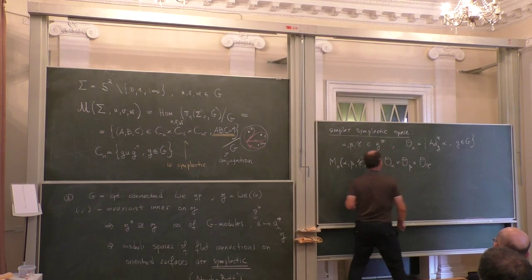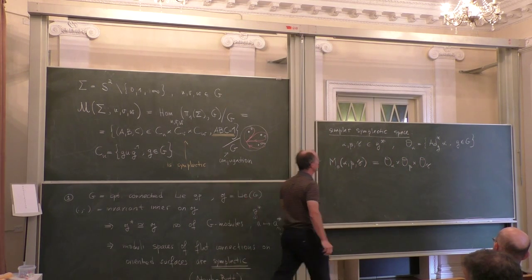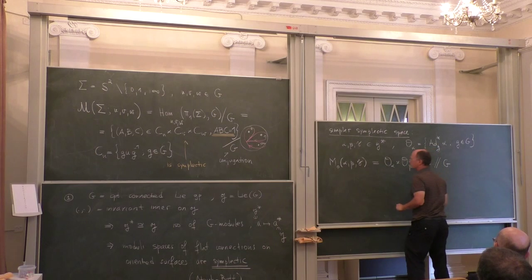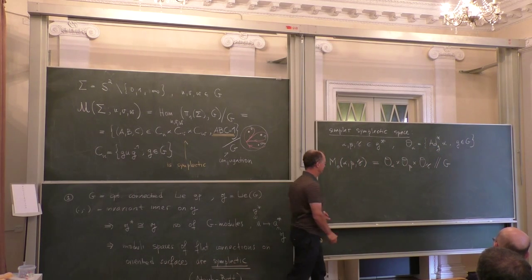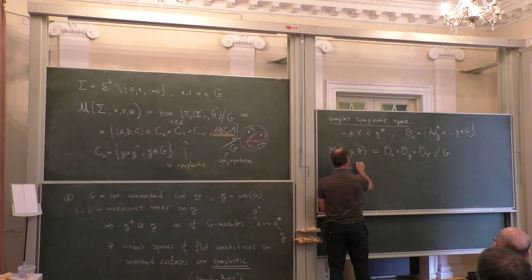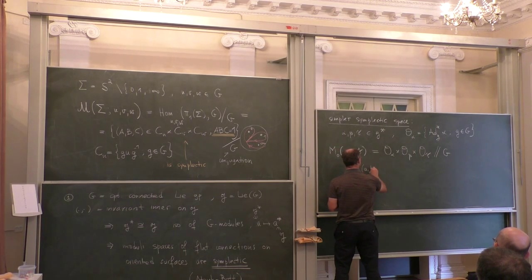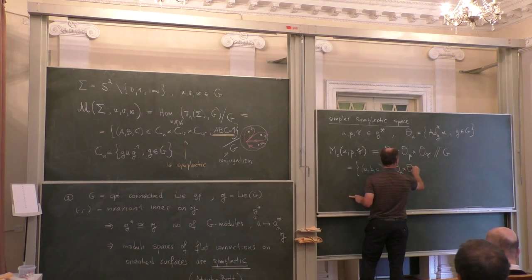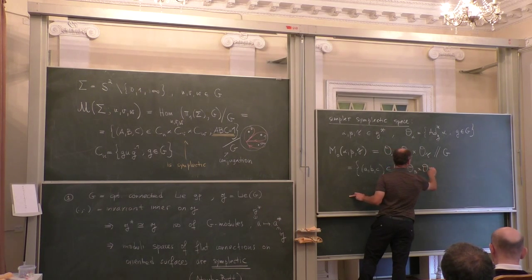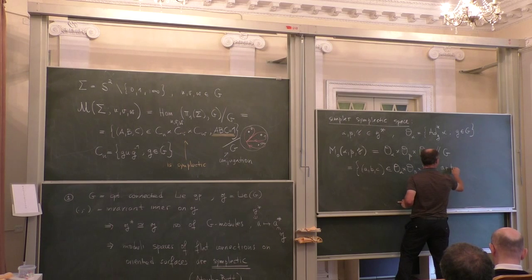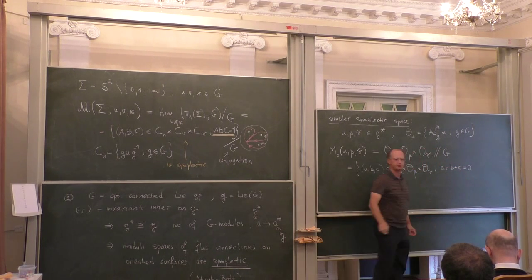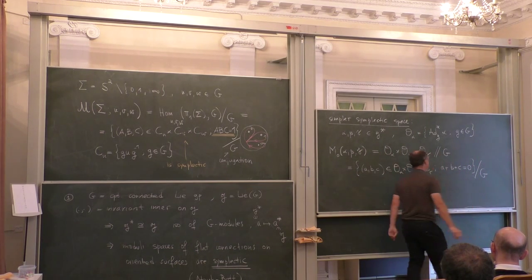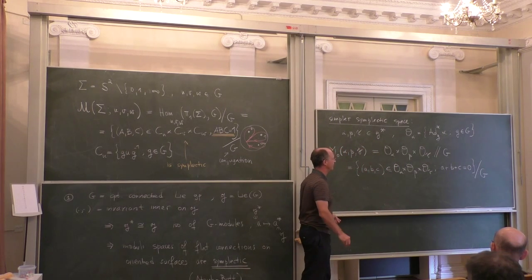So in terms of symplectic reduction, we take a triple product of 3 coadjoint orbits, and we consider a symplectic quotient by the action of the group G. Now, what it means more concretely: one should take the triple elements A, B, C in this triple product, and impose the condition that A plus B plus C is equal to 0, and then divide by the simultaneous coadjoint action on all three factors.